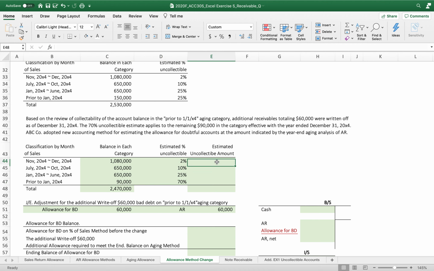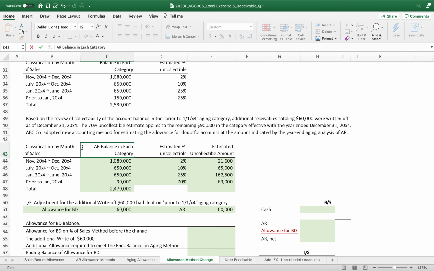Now we can come up with a much more accurate uncollectible amount, which is allowance for bad debt on the balance sheet, the ending balance. So we can calculate in this way: this AR balance in each category, and then in each category the uncollectible estimate.